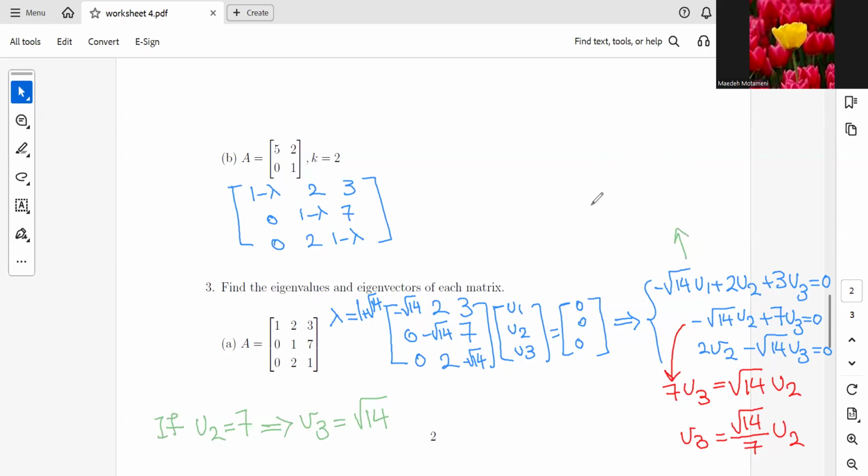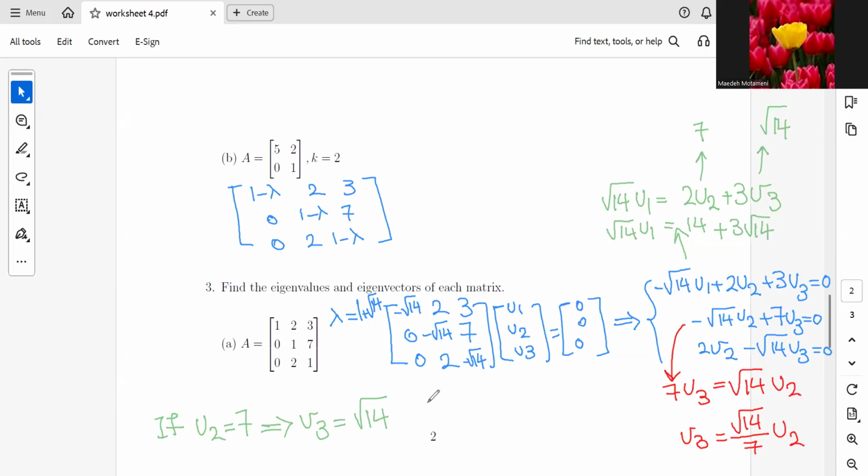According to the first one, negative square root of 14 v1 will be negative 2 v2 minus 3 v3. We can multiply both sides by a negative, so it is correct if we write it as all positive numbers here. And since we assume that v2 will be 7 and v3 will be square root of 14, we would have square root of 14 times v1 equals 14 plus 3 square root of 14.